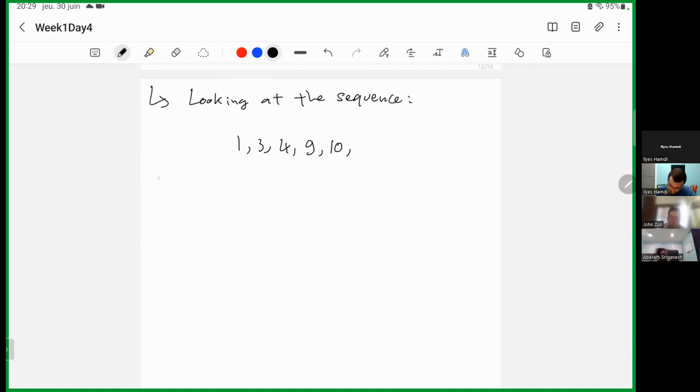So first of all, I'm looking at powers of 3. That's the first thing this sequence contains. And also sums of distinct powers of 3.